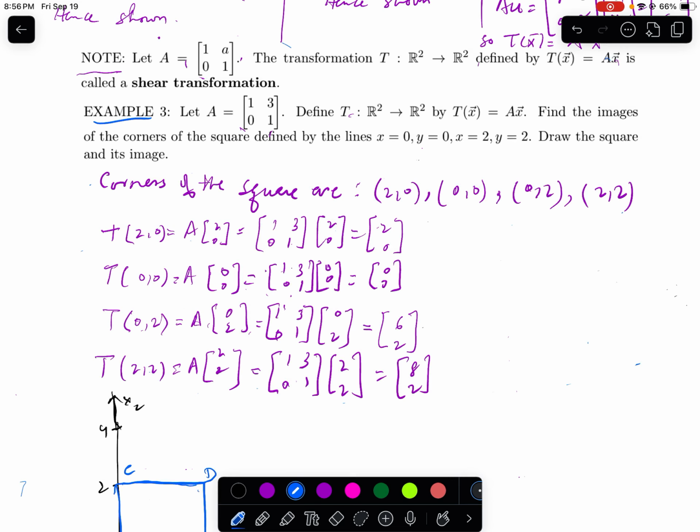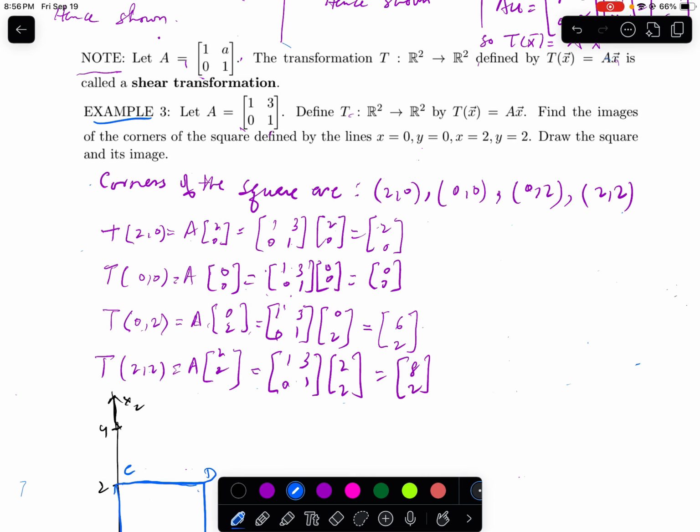Now it says find the images of the corners of the square defined by the lines x equals 0, y equals 0, x equals 2, and y equals 2, and draw the square and its image. So first we find the images of those points.